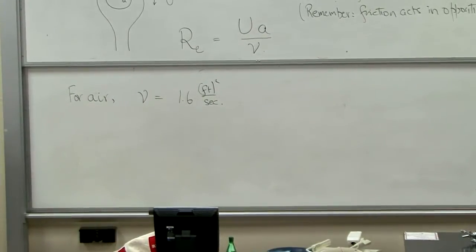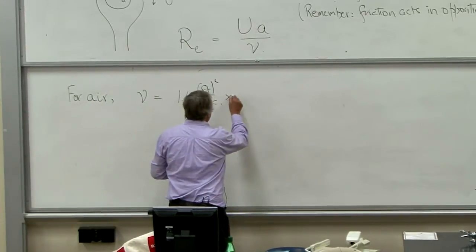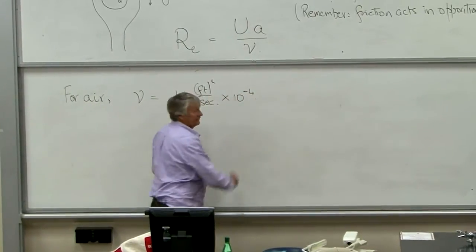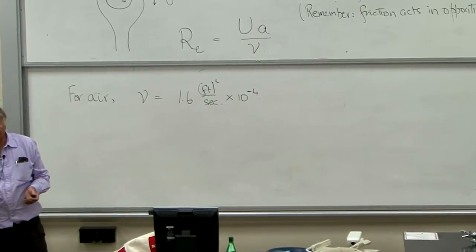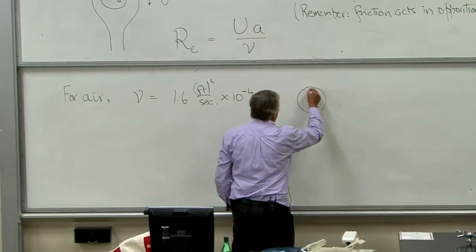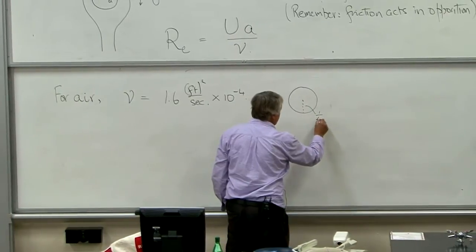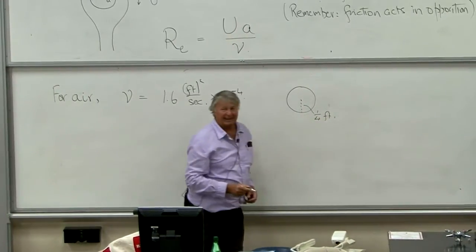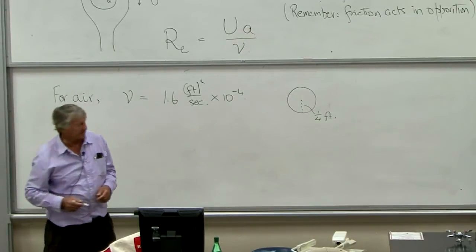Let's work out what the Reynolds number is. This is 1.6 times 10 to the minus 4. Let's work out if I'm firing a baseball. A baseball has a radius of about 1/4 of a foot. Actually a little less, but we'll say 1/4. More like 1/6, isn't it?